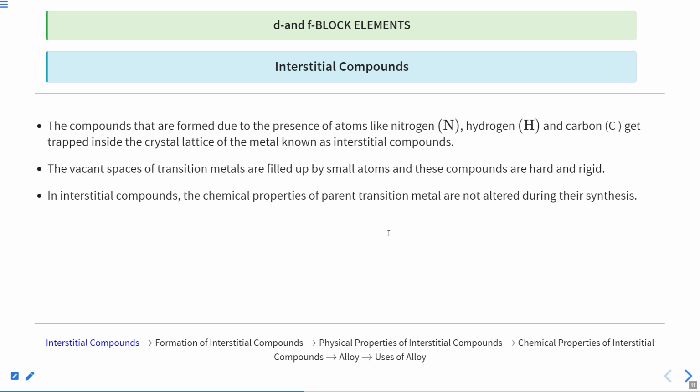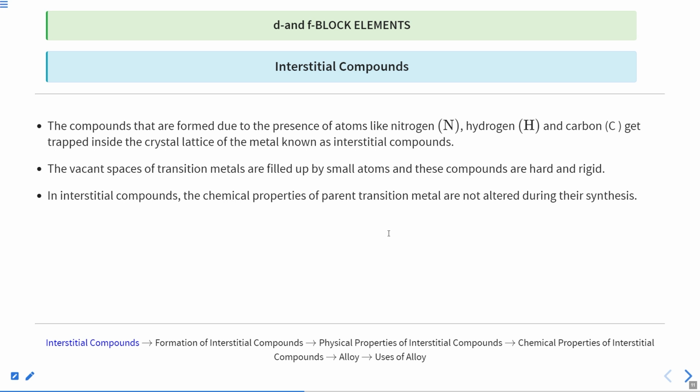So basically what I want to make clear here is that due to the large size of the atoms of the d block element, there exist interstitial sites in between. There's a vacant space, and in that vacant space, small atoms like nitrogen, hydrogen, and carbon can get in between. Now, what is the outcome of this?